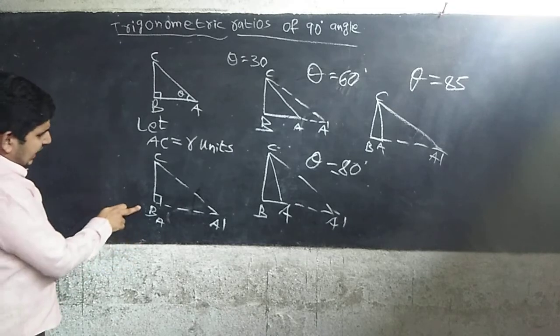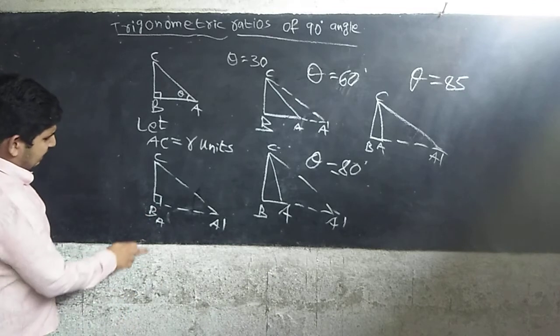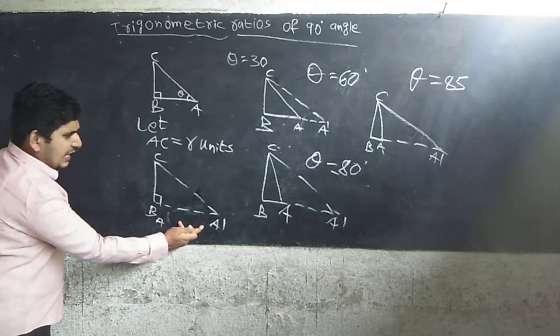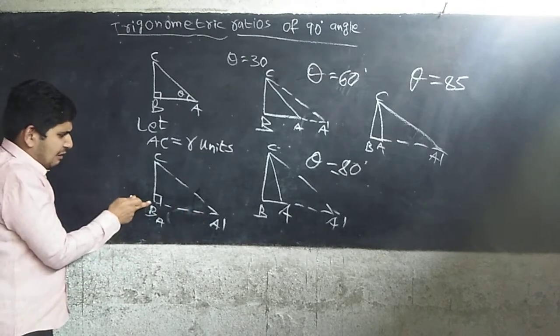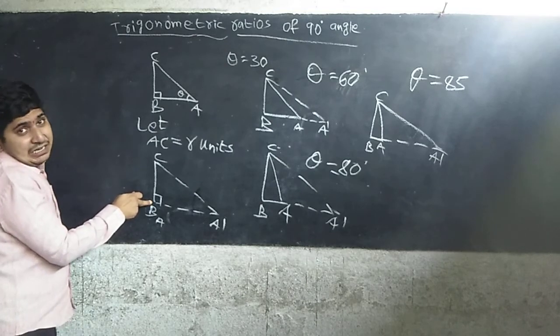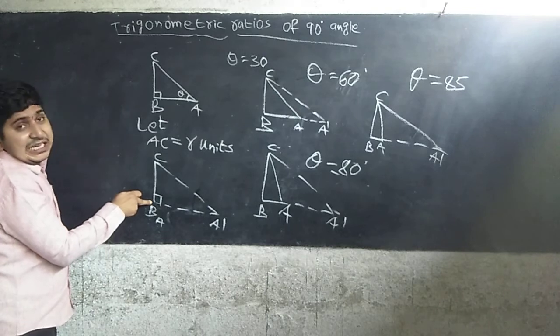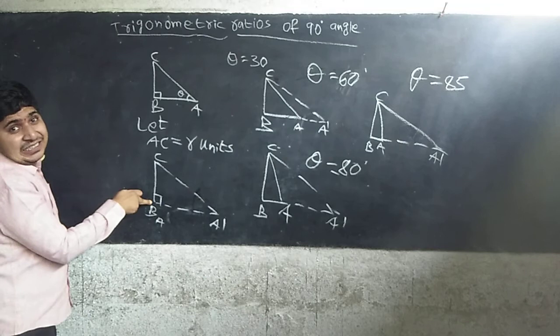This means the point A came towards the point B, and the two points are mixed together. The two points A and B coincide with each other.